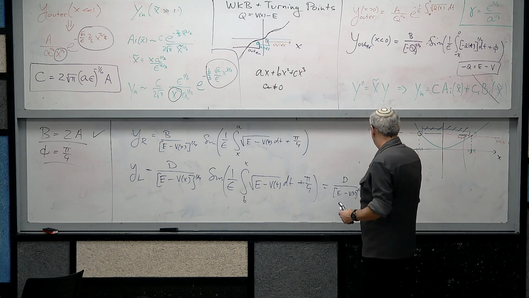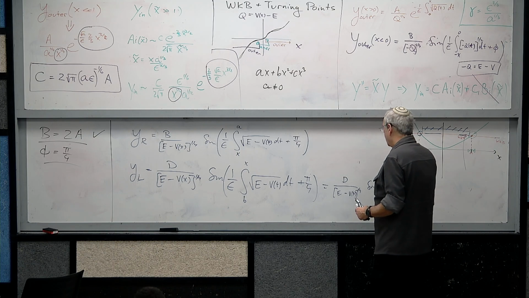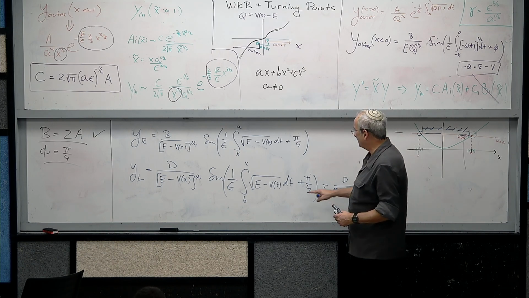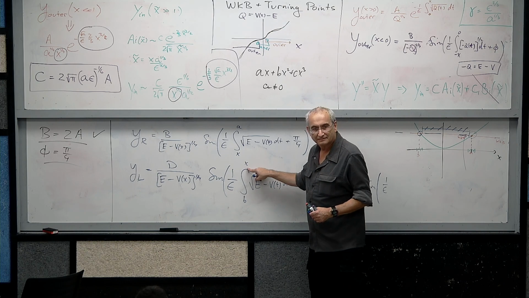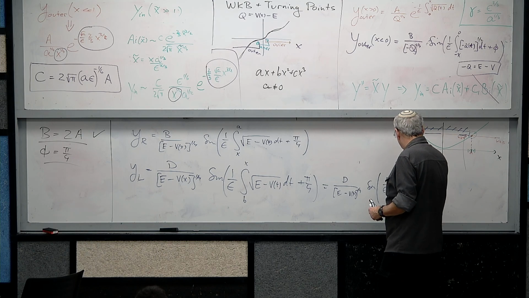And now I will write it as sine of 1 over epsilon. Now I have an integral from b to x. Please allow me to write it as an integral from b to a of the square root of e minus v dt.